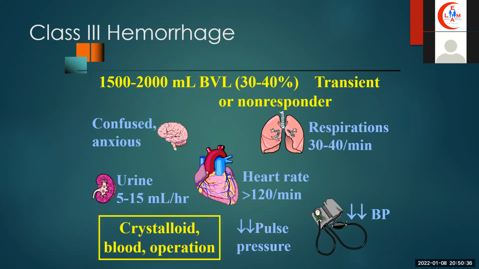And here you need to think about giving blood, activation of the major hemorrhage protocol. So you can give type-specific blood, which can be ready within 15 or 20 minutes, or you can give O negative if the patient really is not responding to the fluid and has deteriorated. And of course, you need to think about taking the patient to theater if there is internal bleeding.